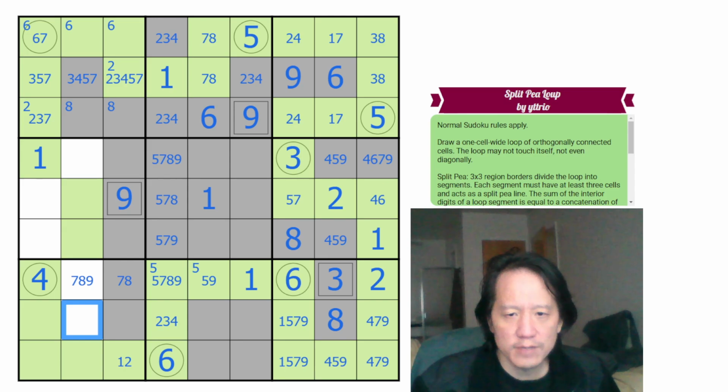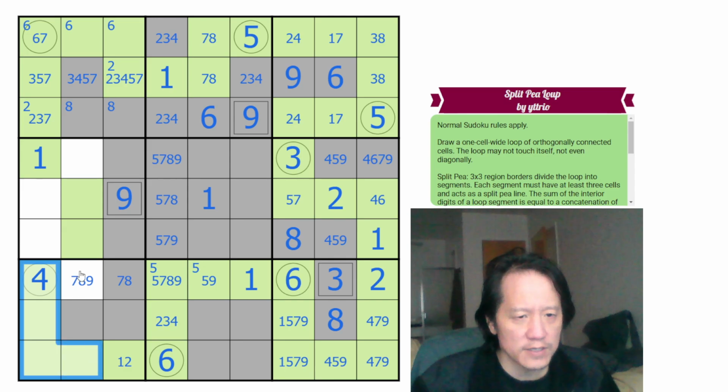Oh yeah, this is not part of the loop. So if it's 29, that doesn't work because that has to be 5, 7, 8, 9. That's not possible. If it's 28, the problem is you have at most 4, 6, 7, 9. Right?